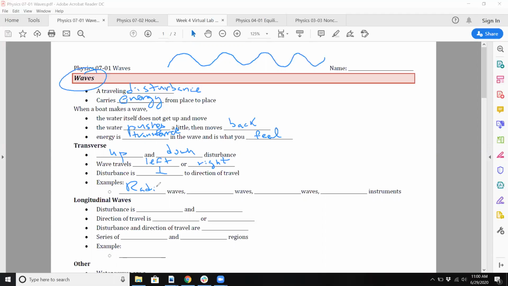Radio waves, light. And I'll draw a picture for you guys because I think it'll help. Microwaves, stringed instruments. So let's say you have like a wall here.